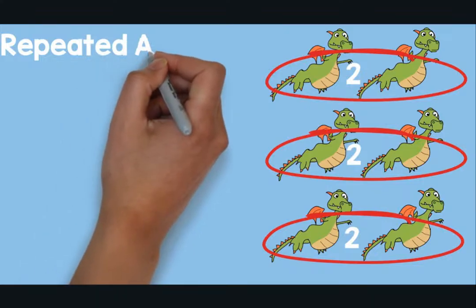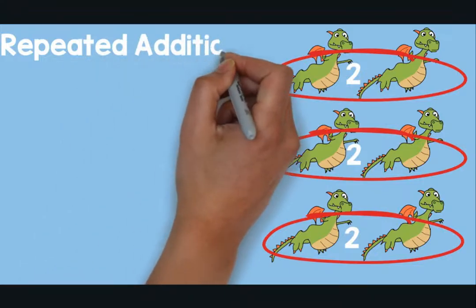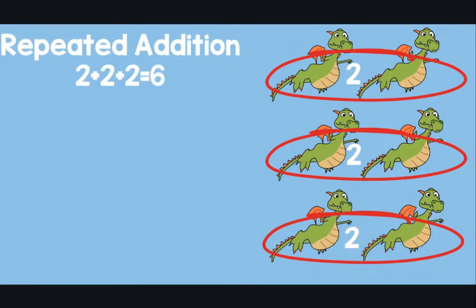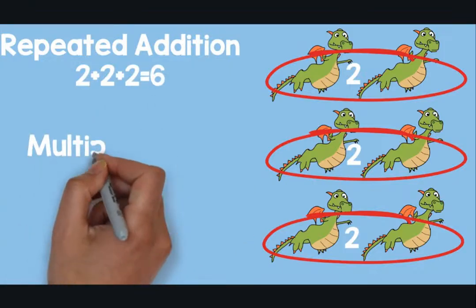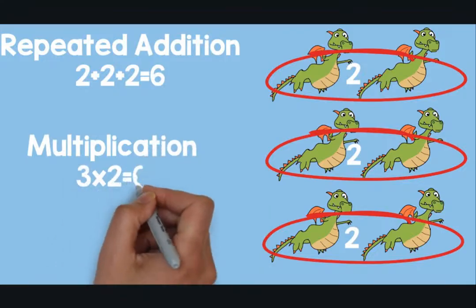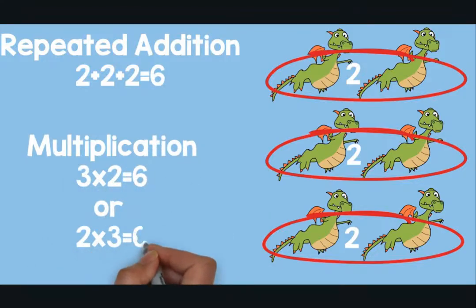Repeated addition: 2 plus 2 plus 2 equals 6. Multiplication: 3 times 2 equals 6, or 2 times 3 equals 6.